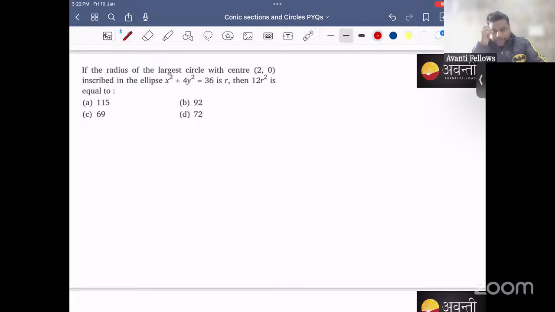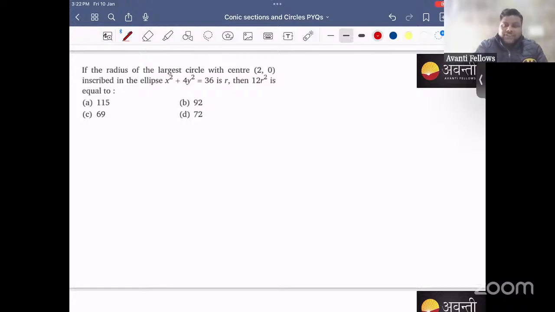Now see, radius of the largest circle with center (2, 0). First of all, in coordinate geometry, you will be mistaken if you do not make a neat and clean diagram. Getting my point?